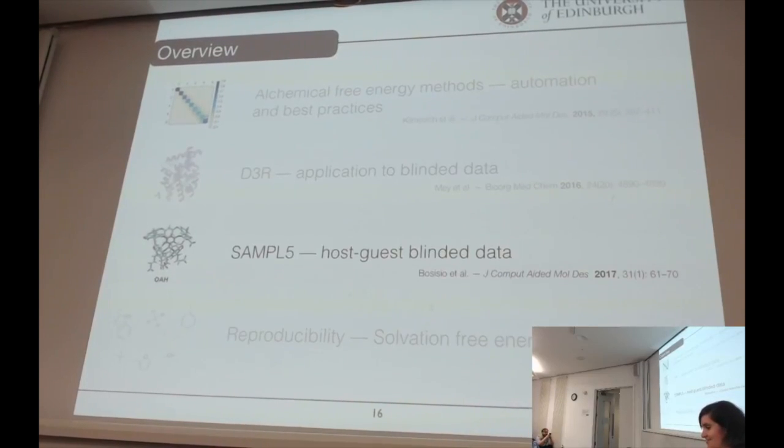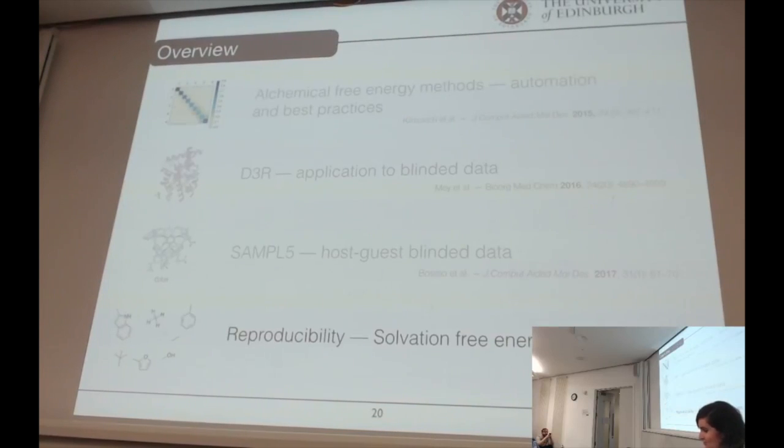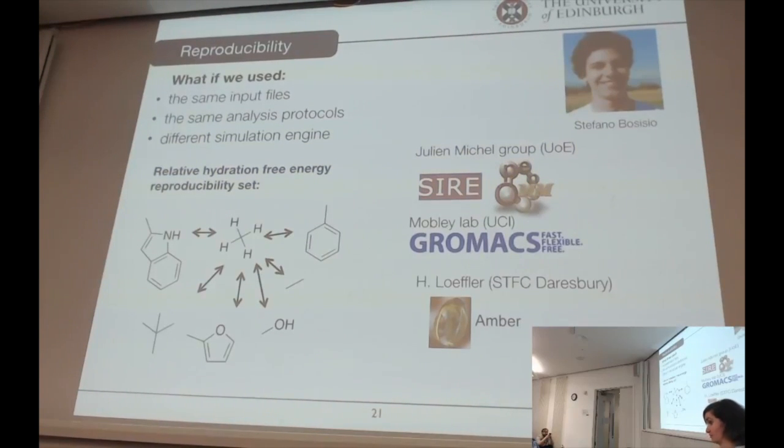In that case, I will just skip ahead to this, because we talked about reproducibility yesterday, and I will give you one quick slide of hydration free energies of basically this data with respect to this, using Sire OpenMM, Gromacs, and AMBER.